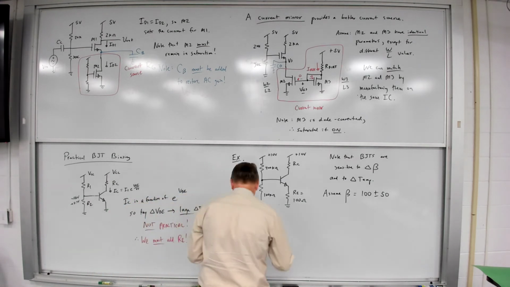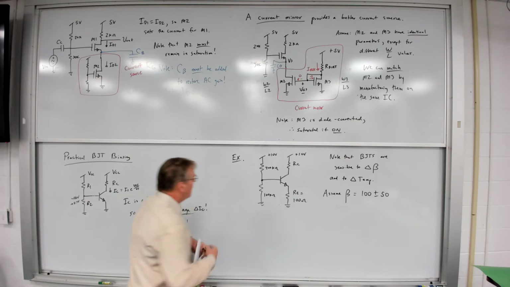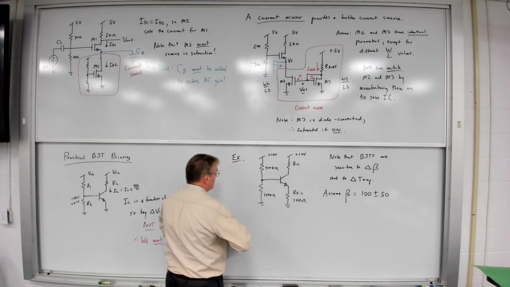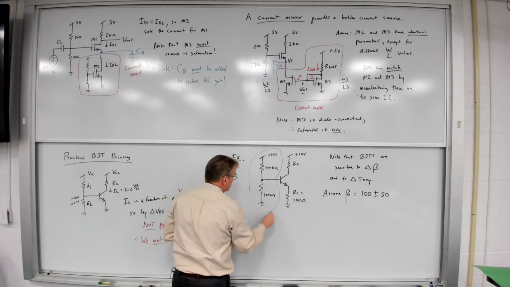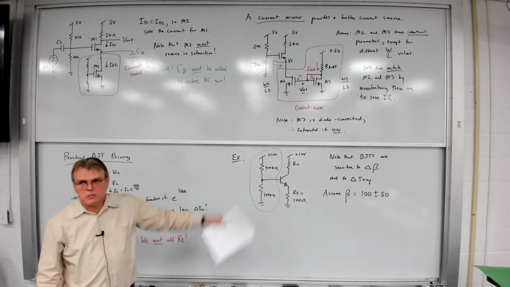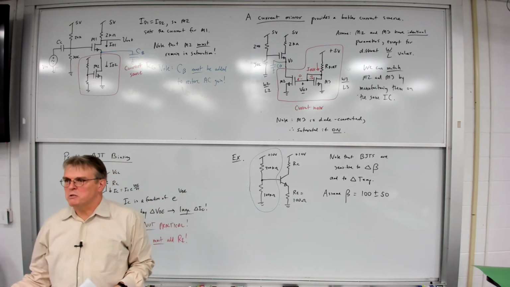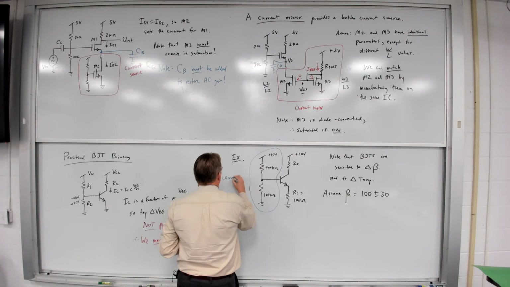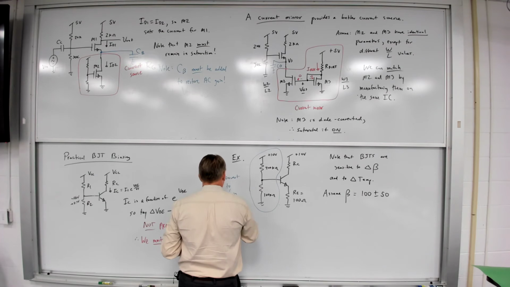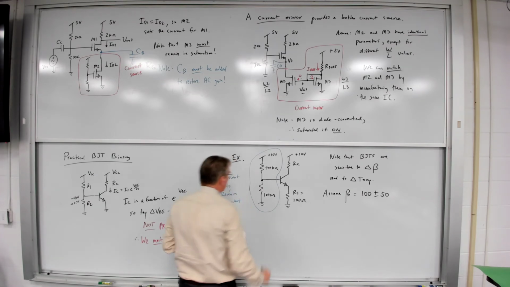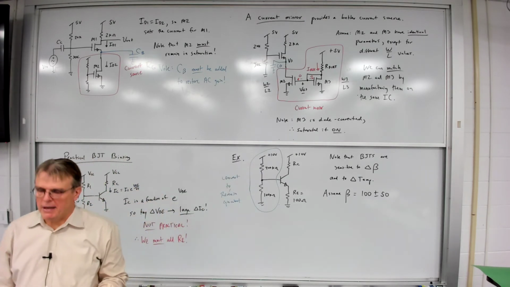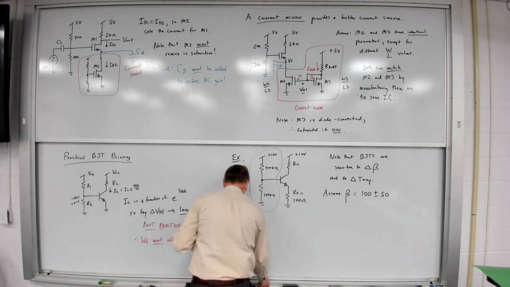Well, let's go through and do some calculations here. I'm going to use the little trick the book talked about. Just to simplify our analysis, I'm going to first convert this circuit into its Thevenin equivalent. If I've got just a voltage divider connected to 10 volts, I can very quickly do the Thevenin equivalent for that. And if I do, I will draw this up here.